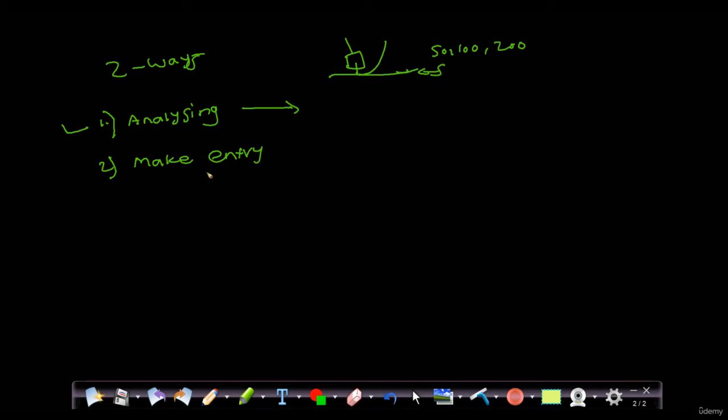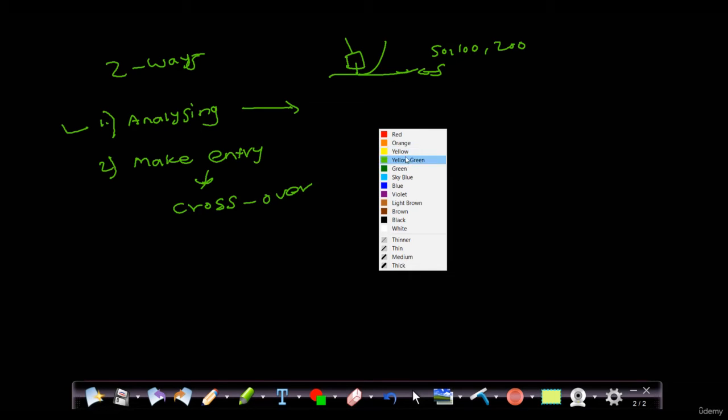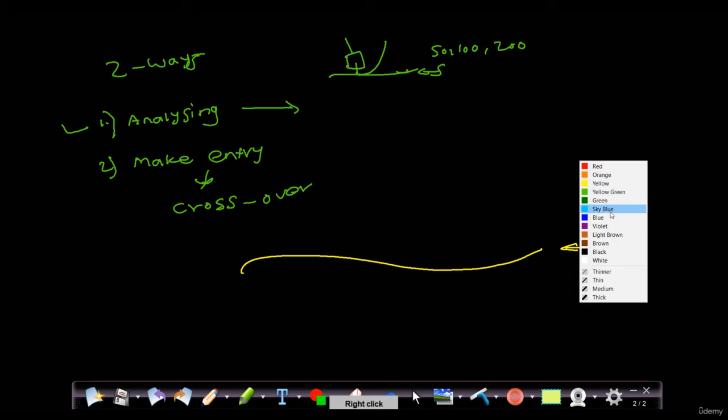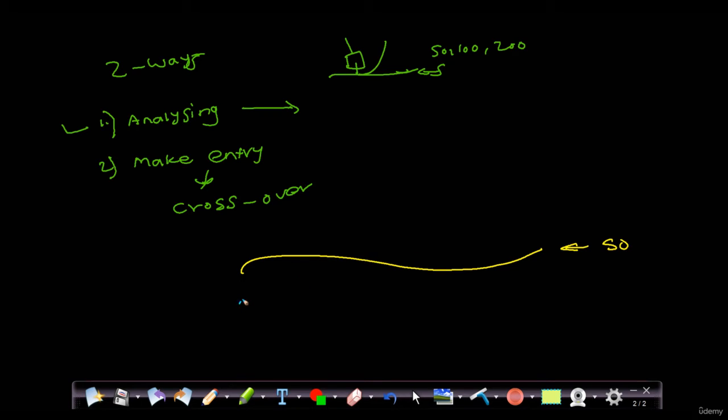Now another strategy is the crossover strategy. What is the crossover? In multiple YouTube videos, you have seen this. Suppose you plotted a moving average line with a value of 50. Now you can plot another line like this one, and suppose this value is 20.